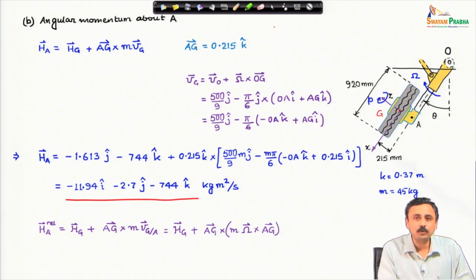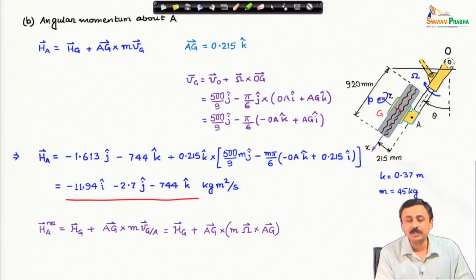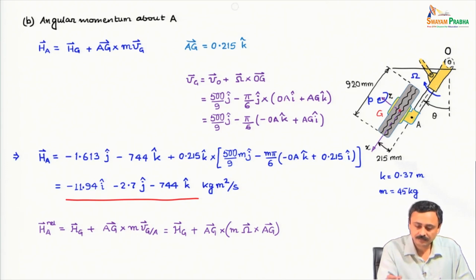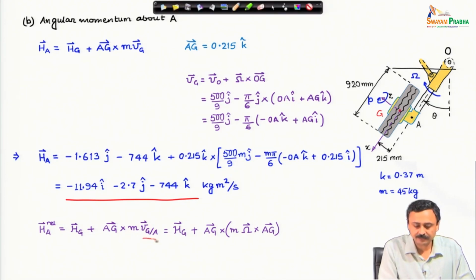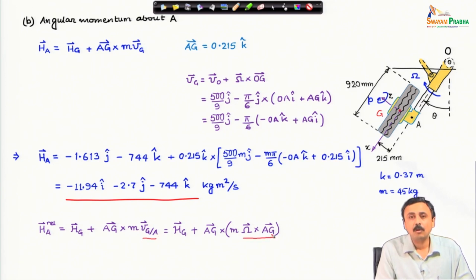Relative angular momentum about A is h g plus the arm A g cross the relative linear momentum of g with respect to A. Therefore, mass times velocity of g relative to A, and because A and g are both points on the same rigid body, this retracting arm, I can write this relative velocity of g relative to A as capital omega of the body cross A g.